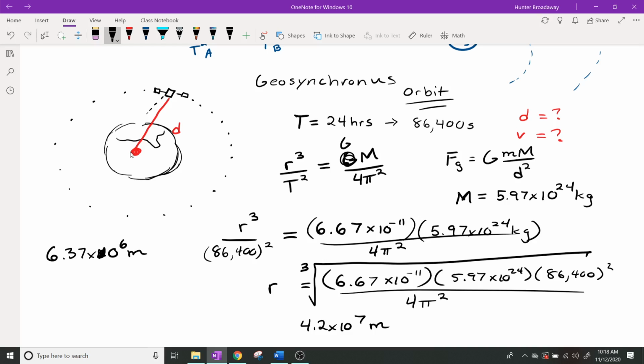The radius of the satellite, little r, was 4.2 times 10 to the seventh. That's a bigger number, so that's good. That's a good way to double check ourselves. How much bigger is this compared to the Earth's radius?